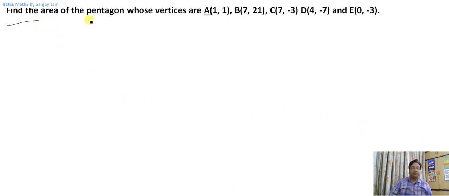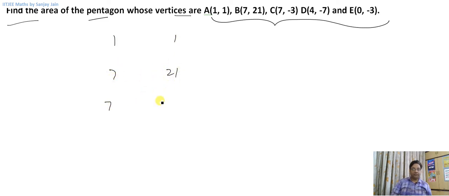Find the area of pentagon whose vertices are given like this. So again we will apply the same method. Let me write the vertices in this fashion: (1, 1), (7, 21), (7, minus 3), (4, minus 7), (0, minus 3), and then I'll write (1, 1) once again.